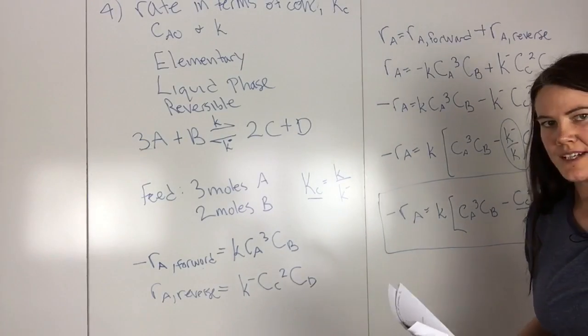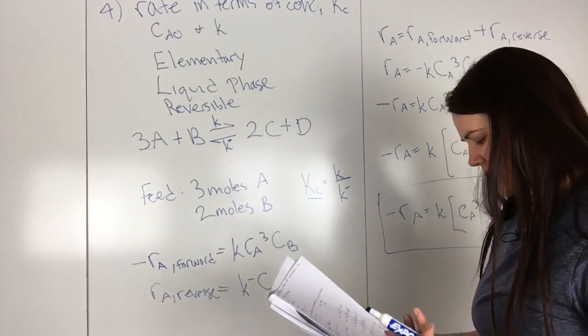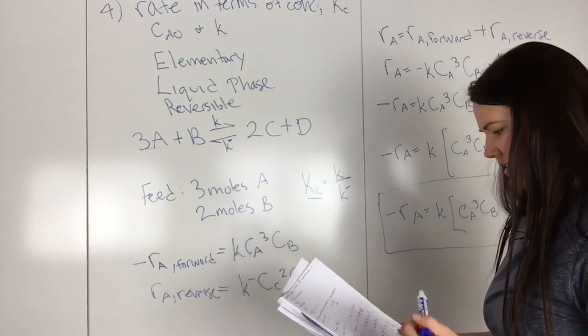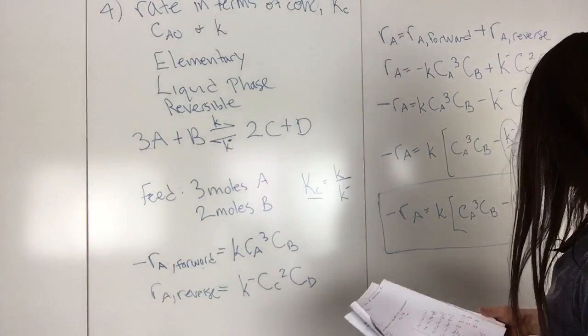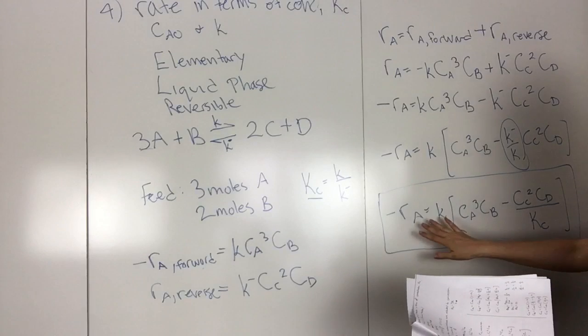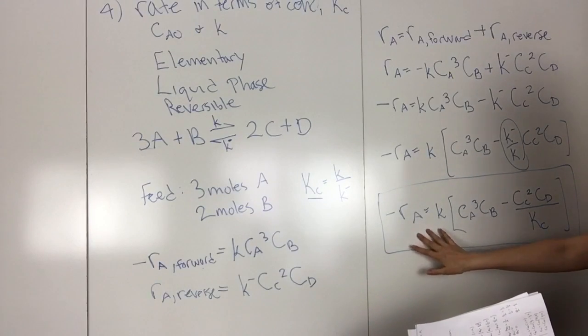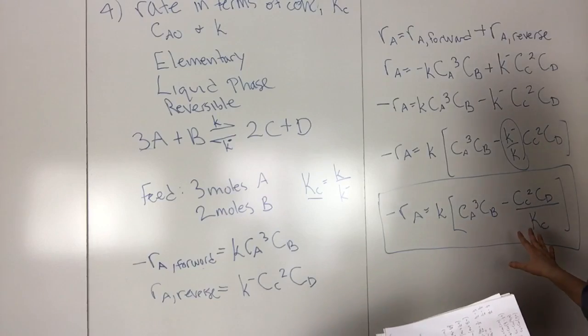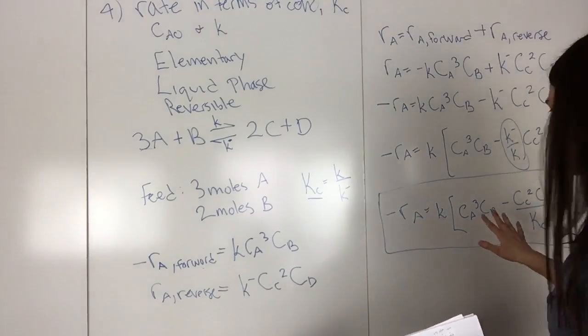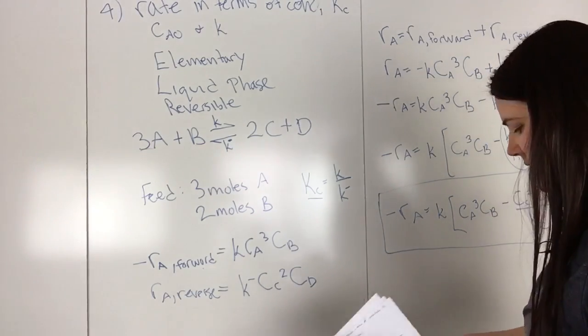So then the problem says to find the concentrations as functions of conversion. And you would need to do that in order to solve this equation, because you see that we have the rate and we have these concentrations in here, but we don't know what they are yet, so we need some equations for those.